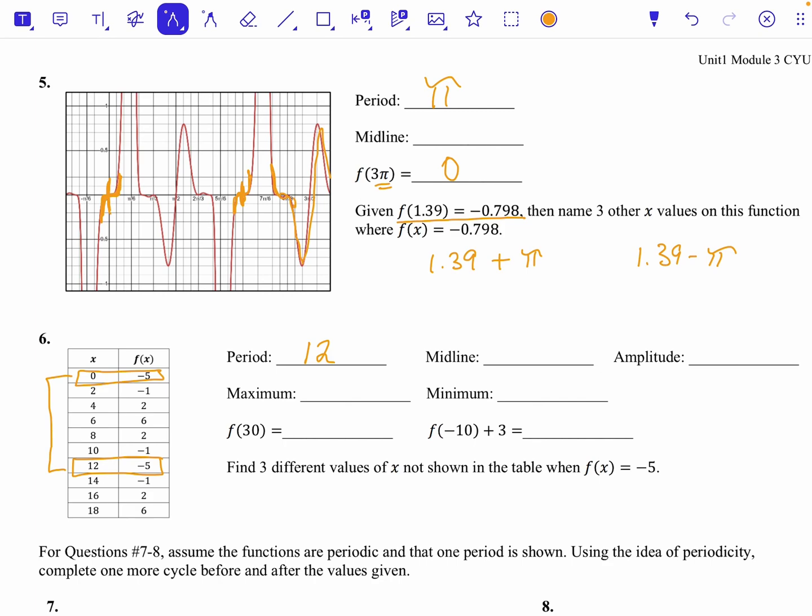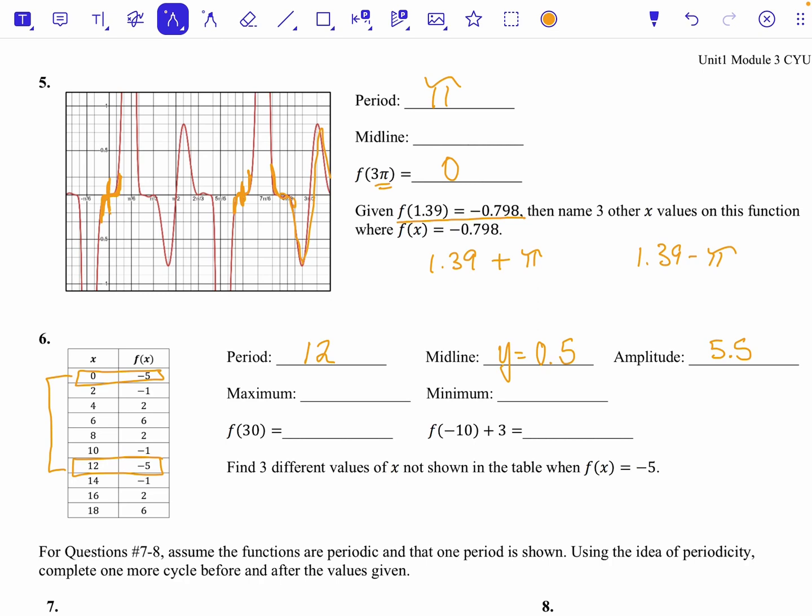So yes, it is possible to have a midline that's at a fraction, because between 6 and -5, we got a distance of 11, which makes our amplitude 5.5 and puts our midline at actually 0.5. So we're at a fraction here, and that's okay. There's nothing wrong.